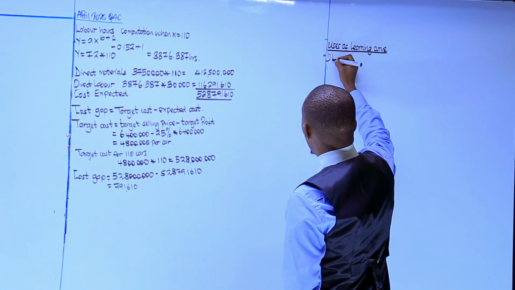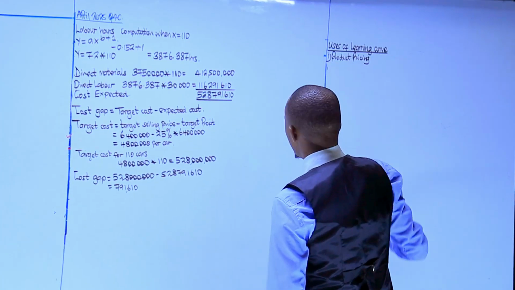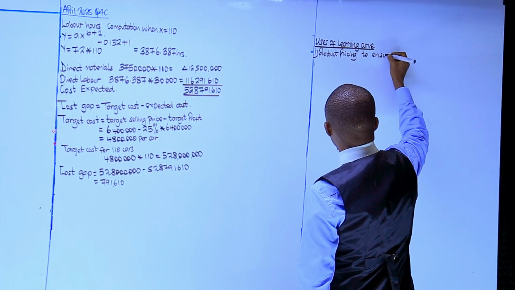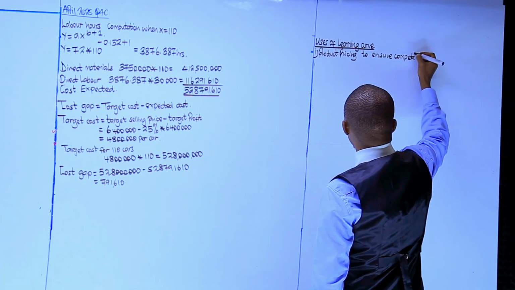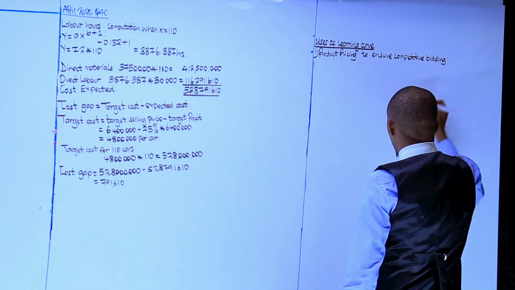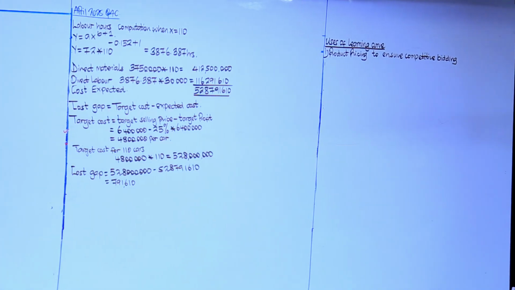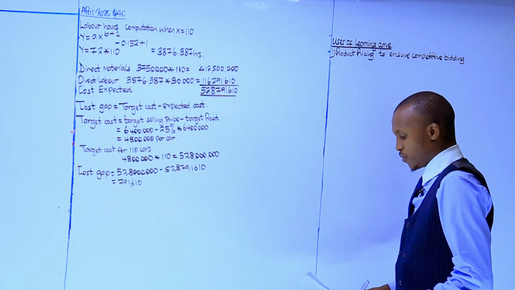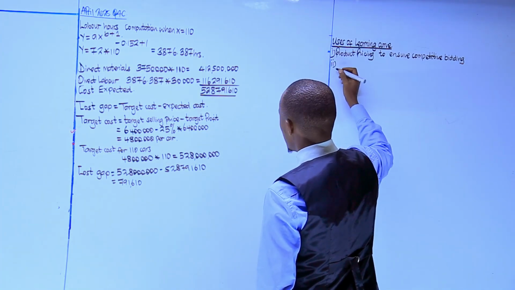So here, product pricing, to ensure competitive bidding. That is the first use of learning curve. You want to identify the price at which you are going to charge for a product.